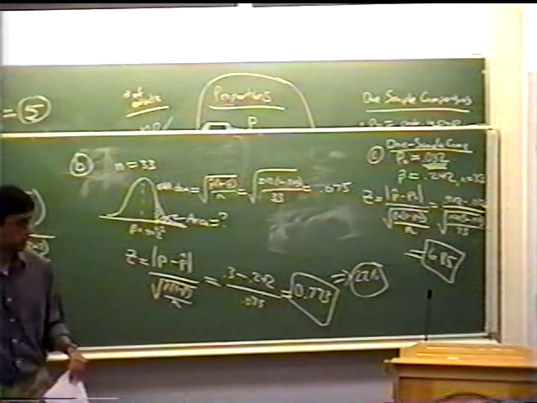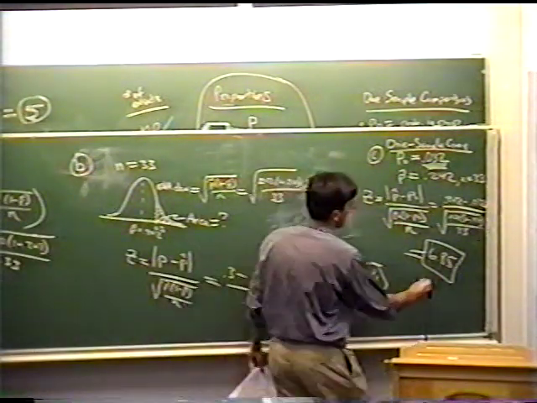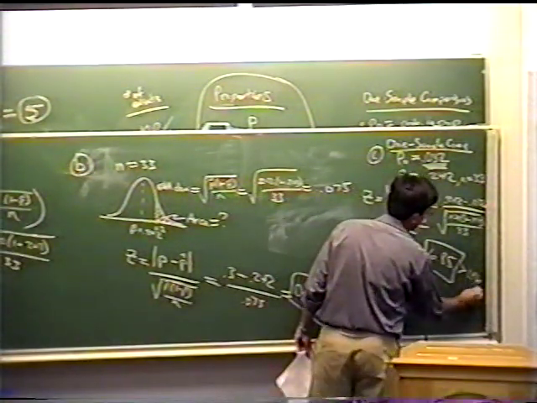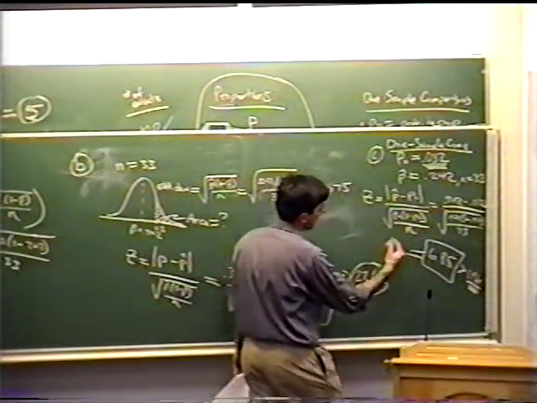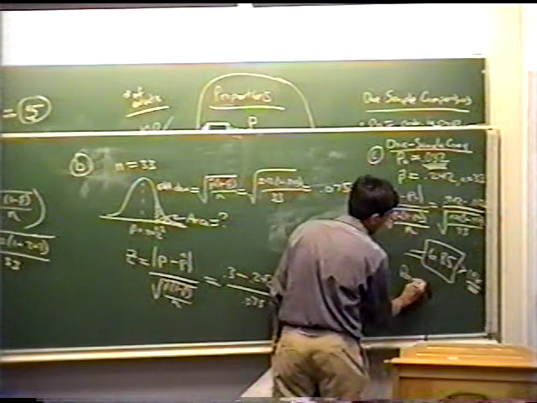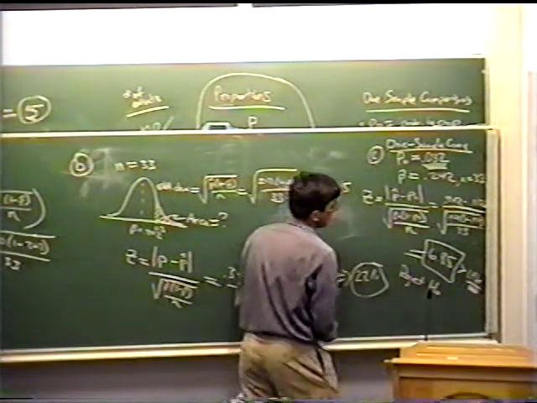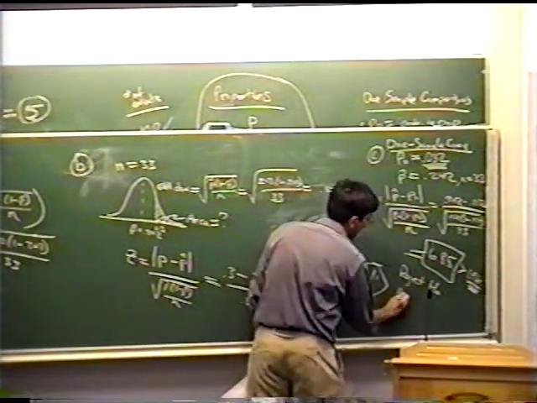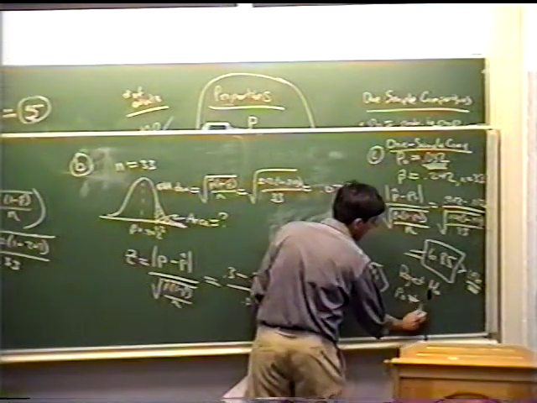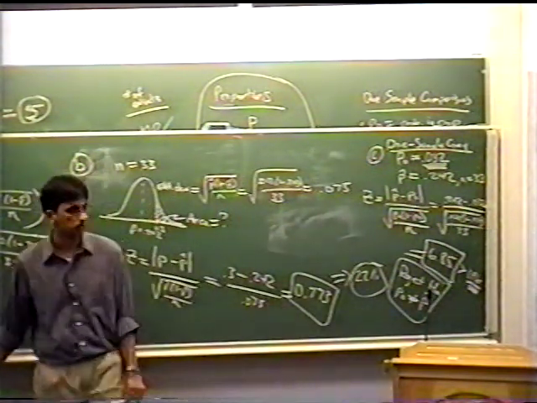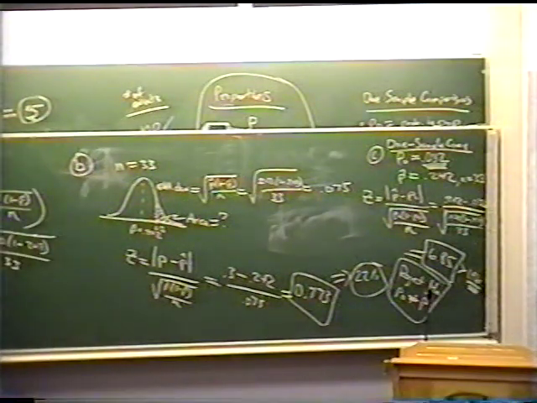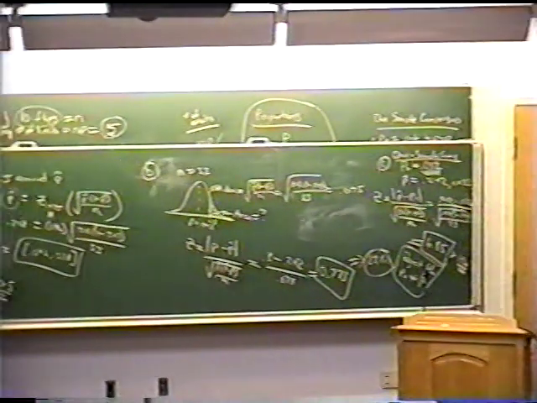Much bigger than 1.96. So if it's much bigger than 1.96, you can say we reject the null hypothesis, and we say that P naught is not equal to P hat. That's our conclusion. The two proportions are different, statistically. Okay?